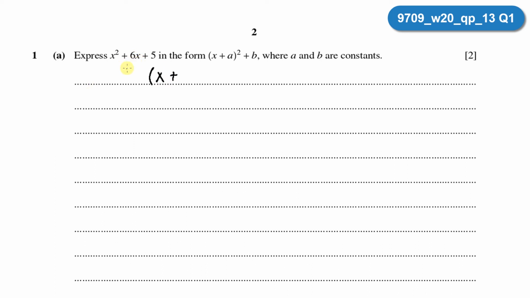The coefficient of x is 6, so half of that is 3. Then squared, then we subtract the 3 squared, then it's plus 5. So this eventually gave us x plus 3 squared, and this is minus 9 plus 5, which is minus 4. So this is what we get.